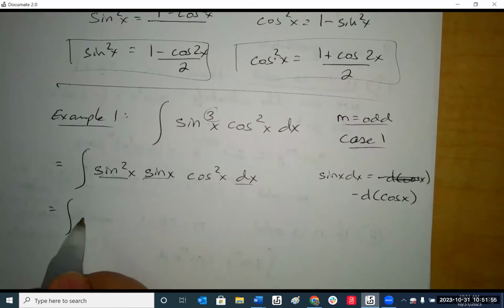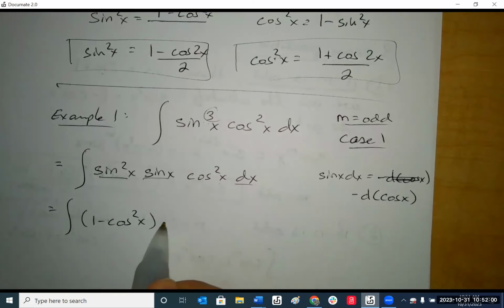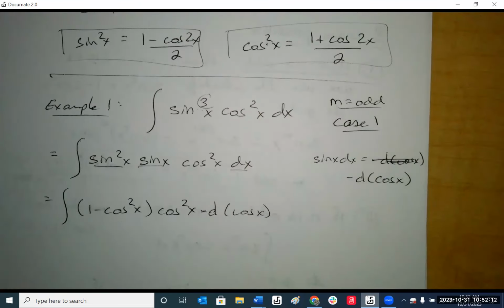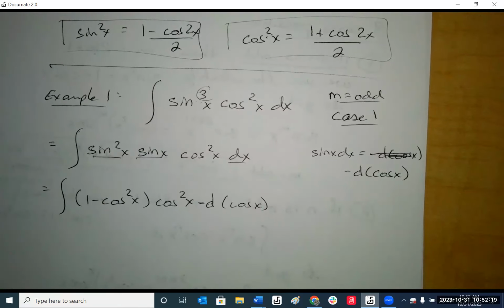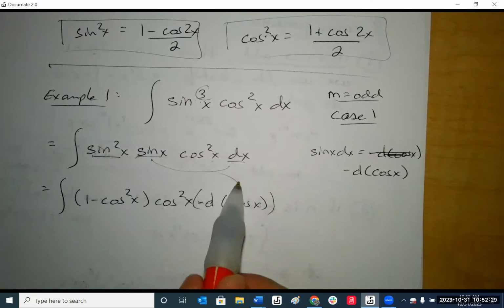And we know sine squared x is 1 minus cosine squared x, times cosine squared x, times negative d cosine x. All right, so put that in parentheses, because the sine x dx became that.